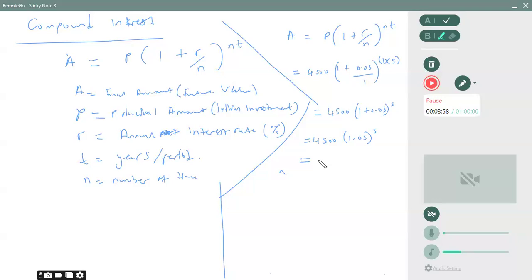Now you multiply it by 4,500. So it's 5,743.267.